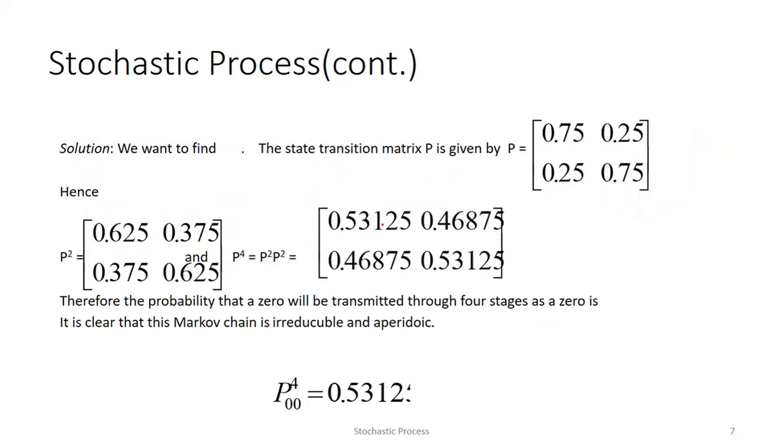See, this is my transition matrix. For the same digit, 0 to 0, it is 0.75. The remaining is 0.25. Here 1 to 1 is 0.75, and the others are 0.25, 0.25. By observing the question, we can calculate P squared, P power 4 also.